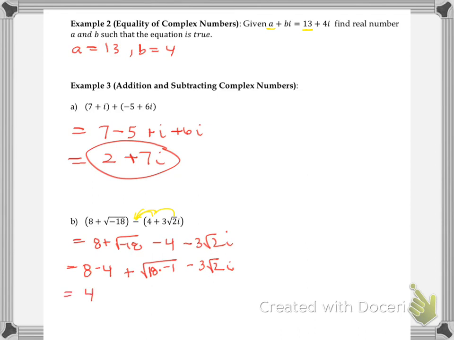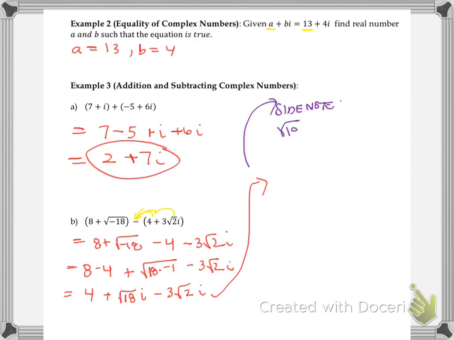And so that's going to become 4 plus the square root of 18 times i minus 3 square root of 2i. Now, you should recall from algebra, maybe back in the day, that 18, you can break that up. So let's make this a side note, for the square root of 18.